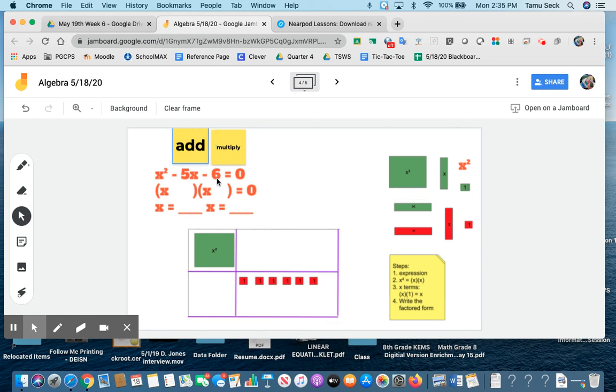So let's pick two numbers that multiply to -6. So -3 times 2. -3 times 2 multiplies to -6.